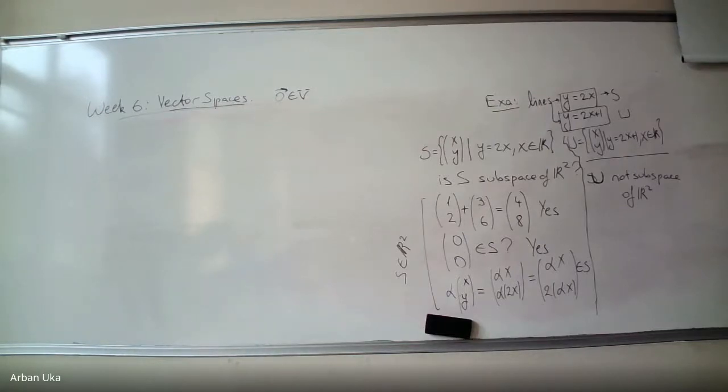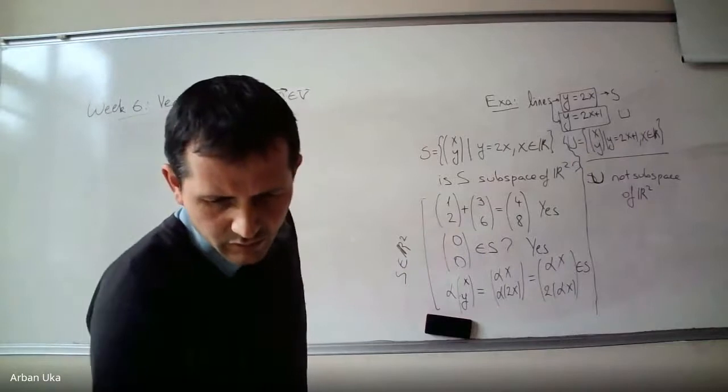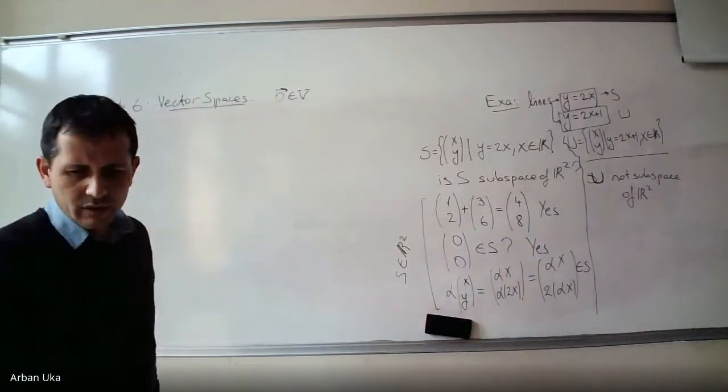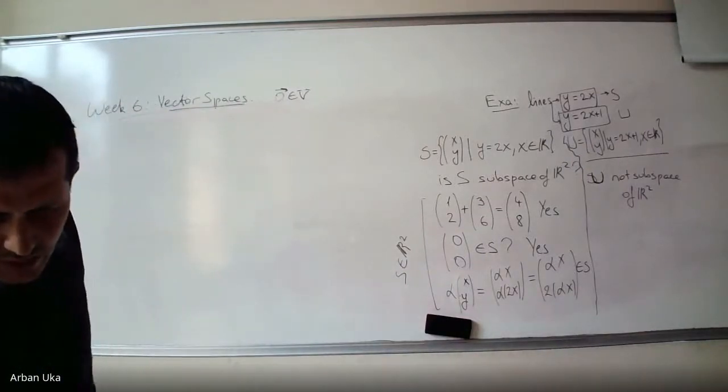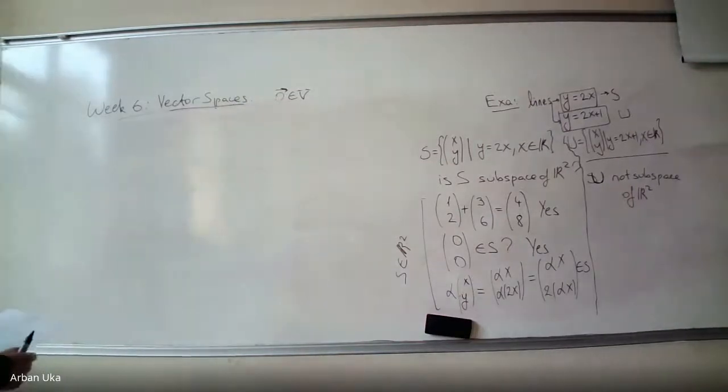Okay, that's correct. In a similar way, even when we had a plane, I think we did this before, we asked whether the plane passed through the origin or not. That's all we need to consider.